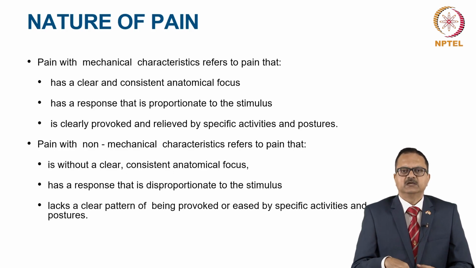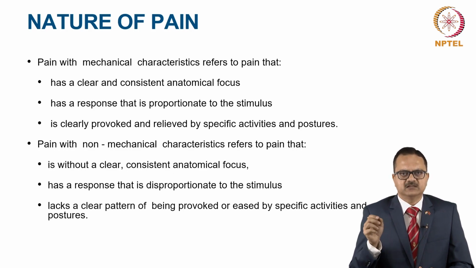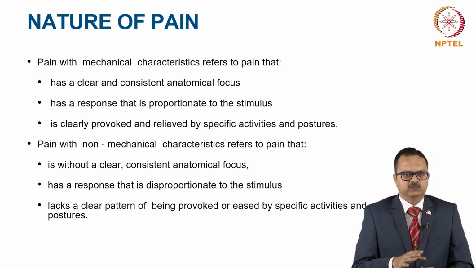That means if the doctor or the therapist can demonstrate or recreate the pain with specific activities and postures, and if the pain goes away when those specific activities and postures are removed, then the pain is classified as a mechanical pain.